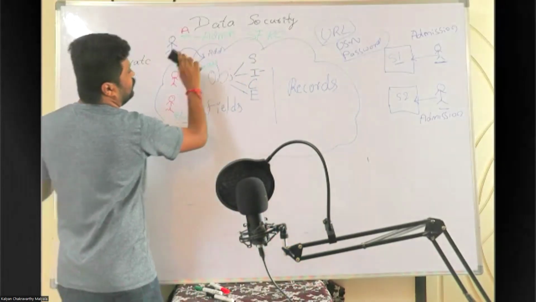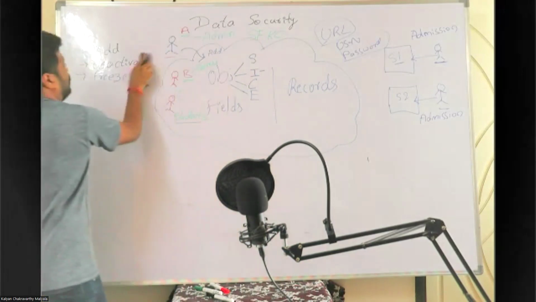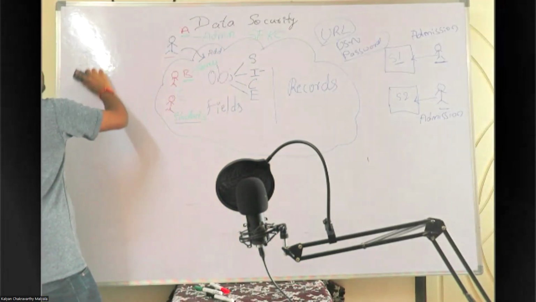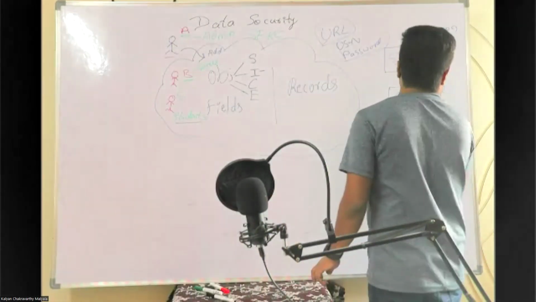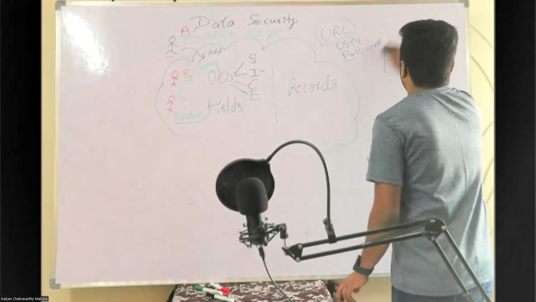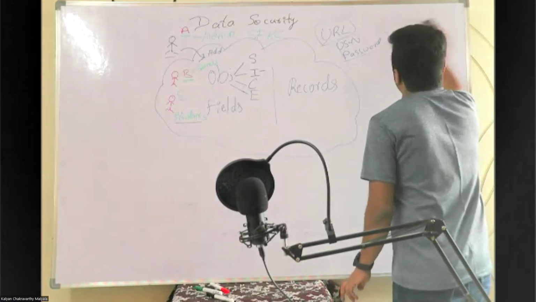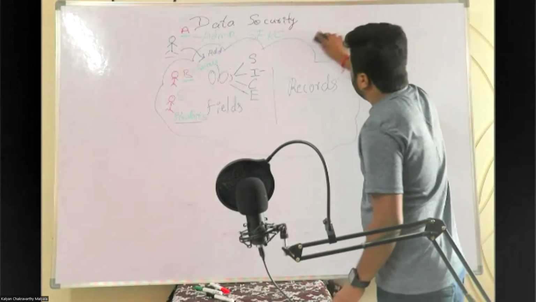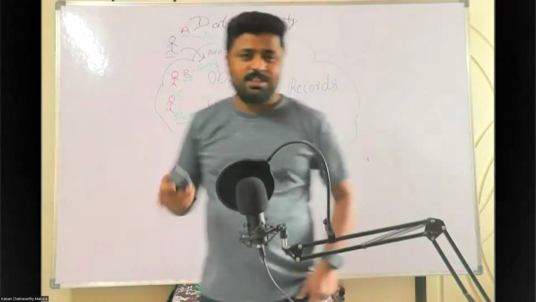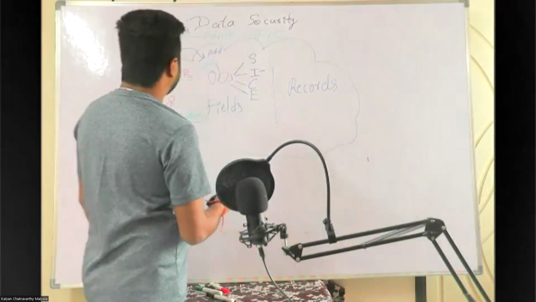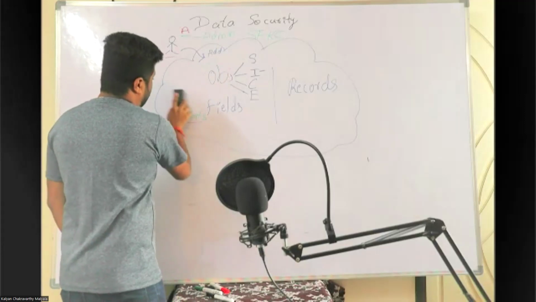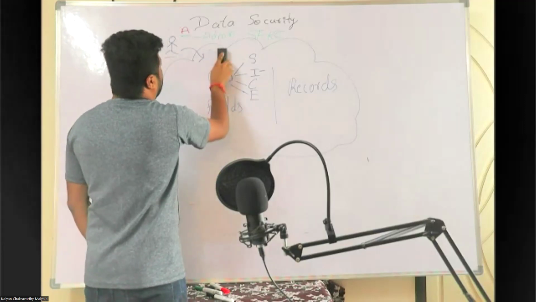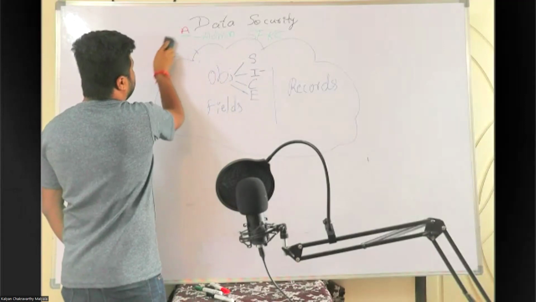Let me clear a few things. Do you remember the concept of metadata and data? Yes, sir. It is data of data. So data of data is nothing but the metadata, right?